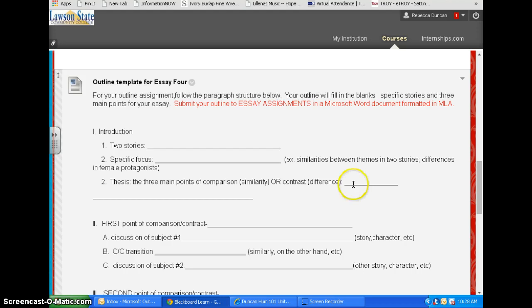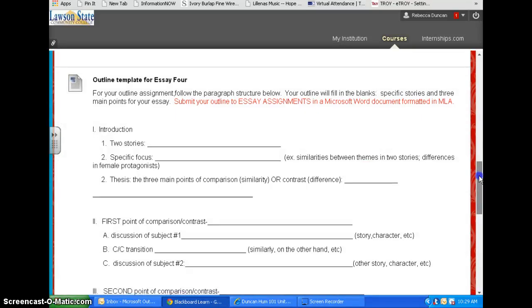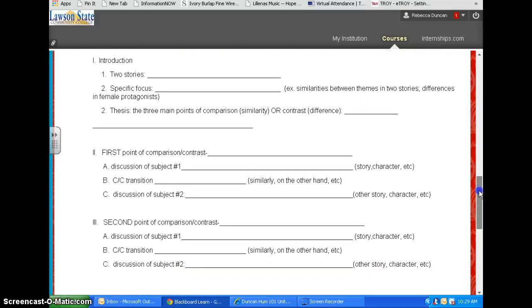Your 3 points, just stated in your thesis here. Nora is similar to Hester in these 3 ways, something like that, or they're different in these 3 ways, or they have this one similarity that's key, but they're different in these other 2 ways that are important, about family, view of money, and maybe in whatever 3rd item you found.